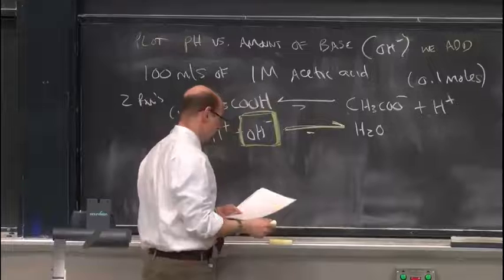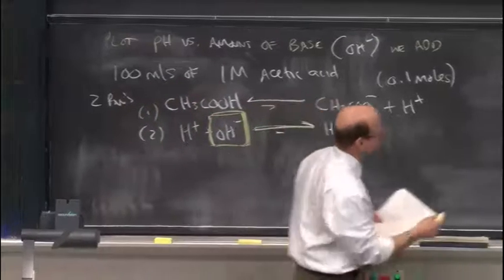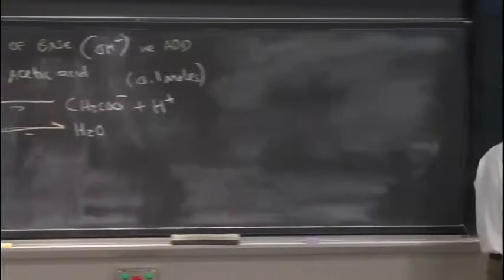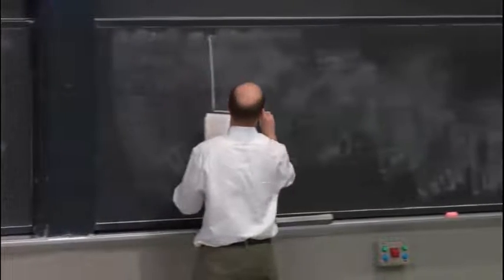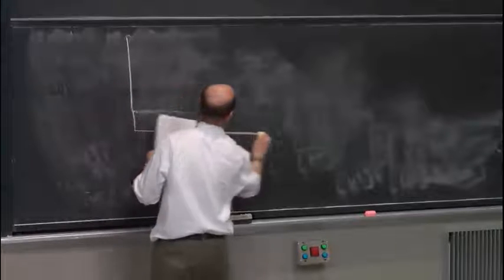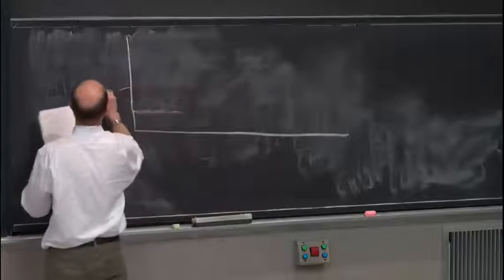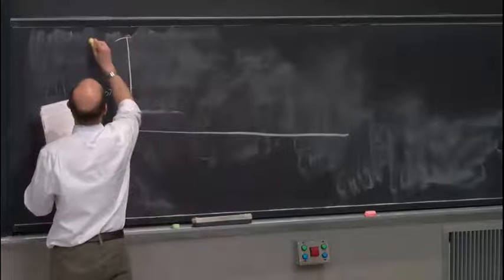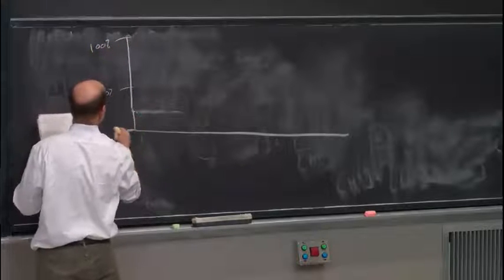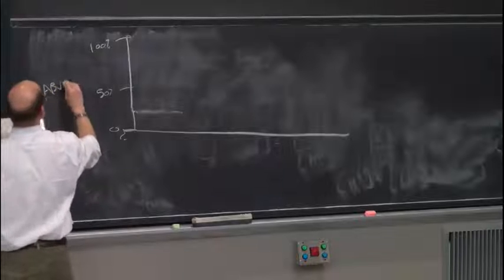What I want to plot now is the relative abundance of something. On this axis, 100%, 0%. This is the abundance.